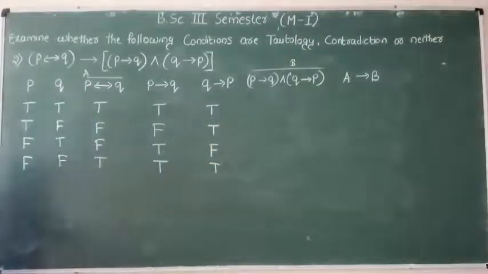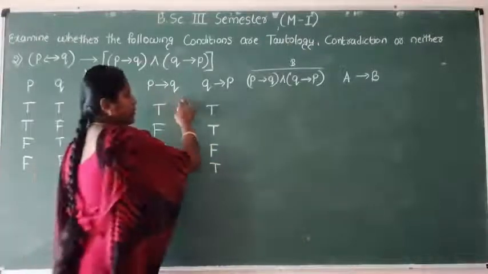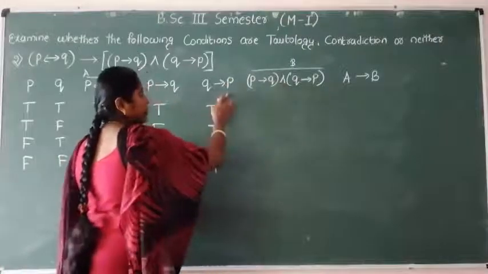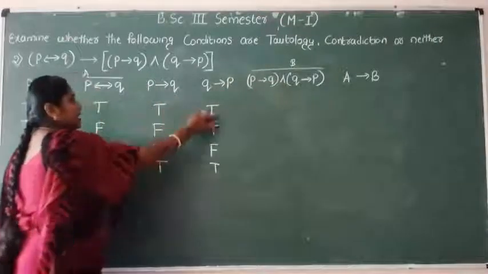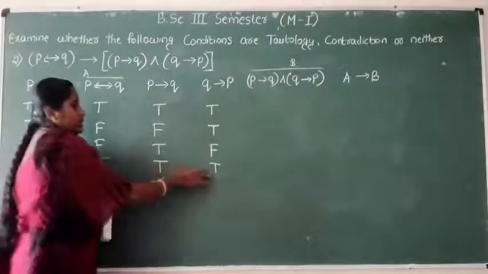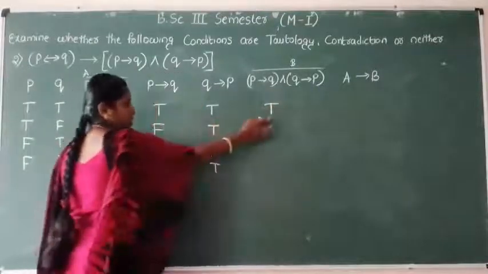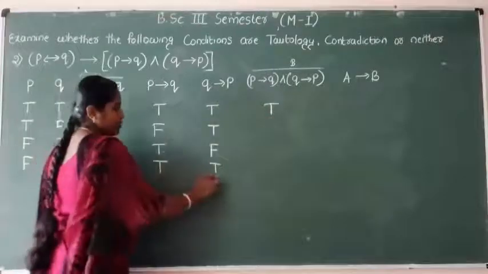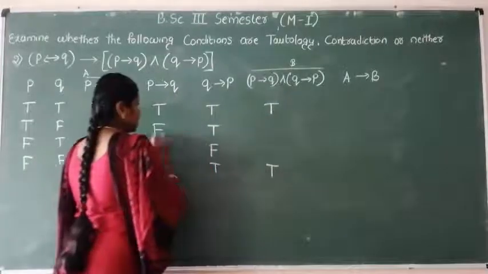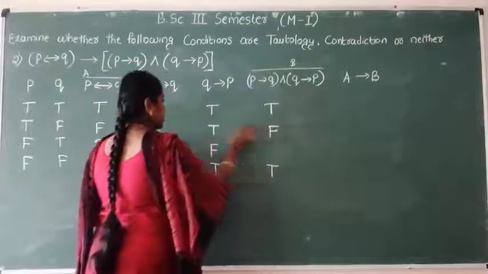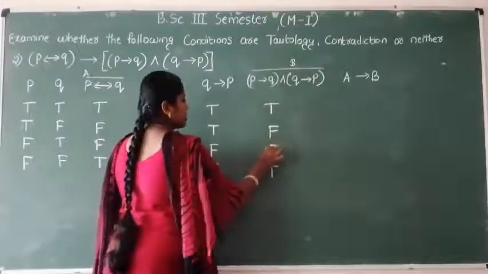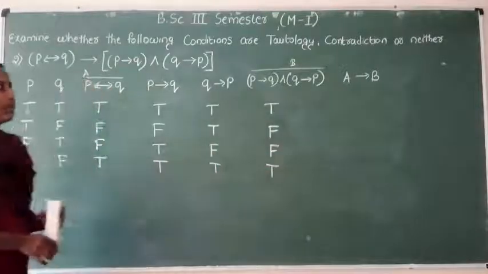Got it? So next, P implies Q and Q implies P. If both are true, then it is true. In other cases, it becomes false.